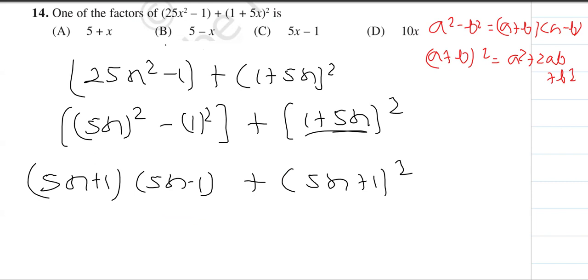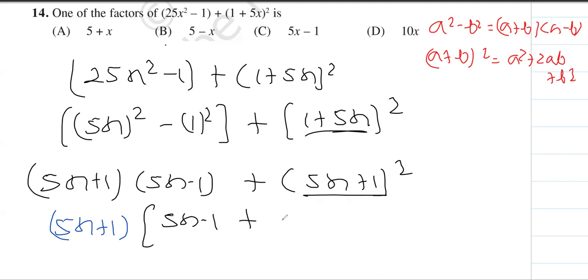Now we can see that we have a common factor here, and the common is 5x plus 1. So on taking 5x plus 1 as common, what do we get inside? We'll get 5x minus 1 plus, there was a square of this, and we have taken 5x plus 1 common, so we'll be left with 1 times 5x plus 1.